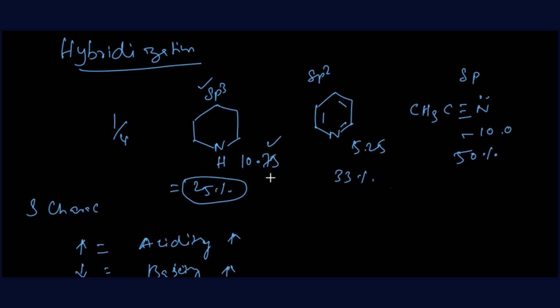That's why this is highly basic in nature. Okay, so in conclusion, the lone pair of electrons in sp3 hybridization is easily available to attack the proton, but not in sp2 and sp hybridization. That's why the sp3 nitrogen is highly basic in nature.